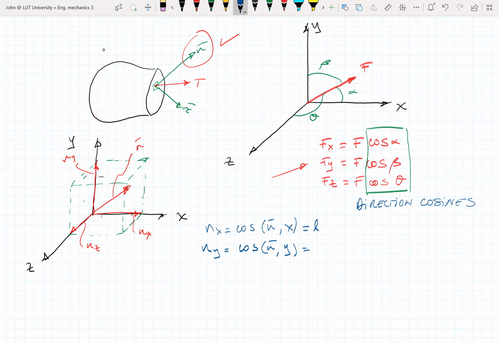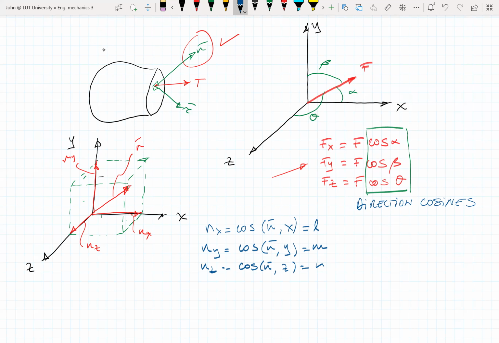I will call this M. Finally, nz is going to be defined by the cosine of the unit vector n and the Cartesian axis z. I'm going to call this N as a simplified name.